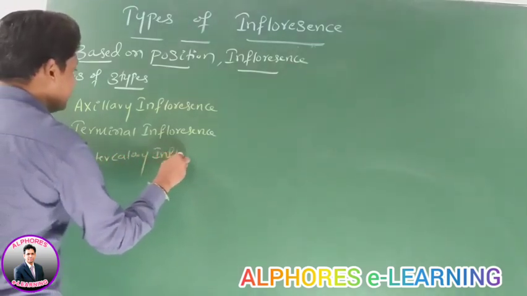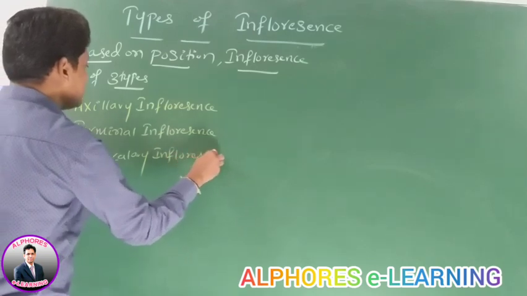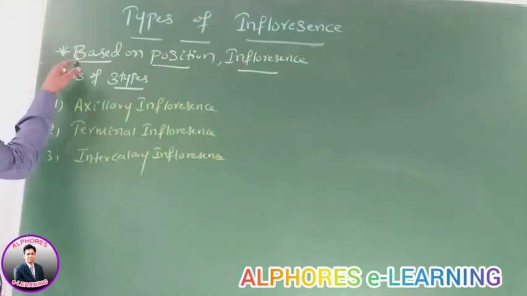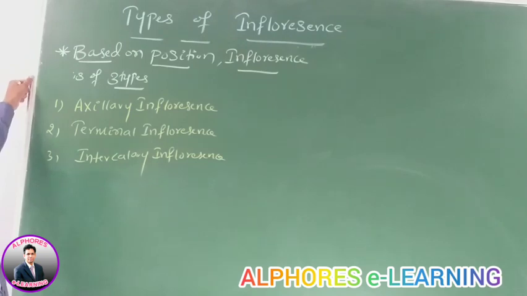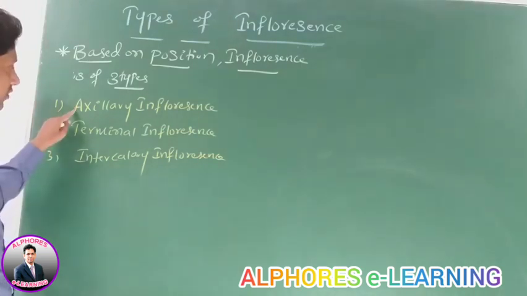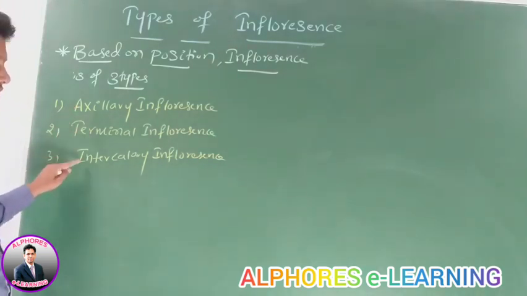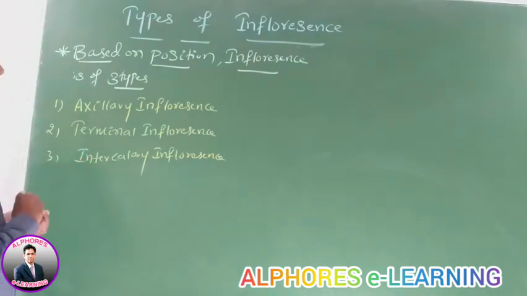These are 3 types of inflorescence based on the position of the inflorescence. Axillary inflorescence, terminal inflorescence, and what more? Intercalary inflorescence, right?